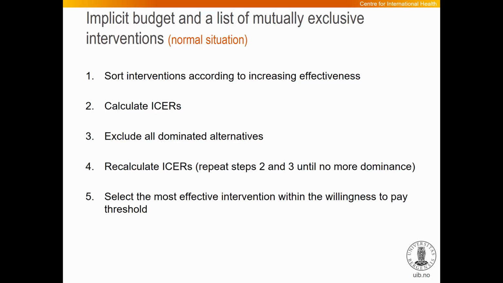Third, we exclude all dominated alternatives, and we will talk more about dominance later. Fourth, we recalculate the ICERs and repeat steps 2 and 3 until there is no more dominance. Fifth, we select the most effective intervention within the willingness to pay threshold.